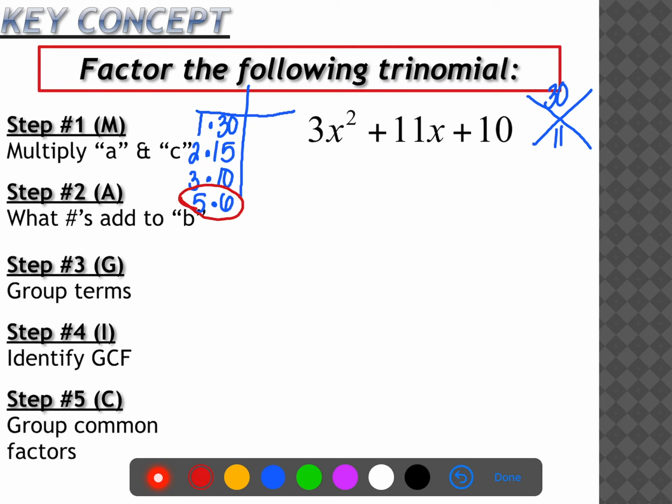There will always only be one set of numbers that works. Okay, so you should never have to make a choice between two different options. And I haven't mentioned this before, but it doesn't matter what order you put the two terms on the inside, the problem will still come out correctly.